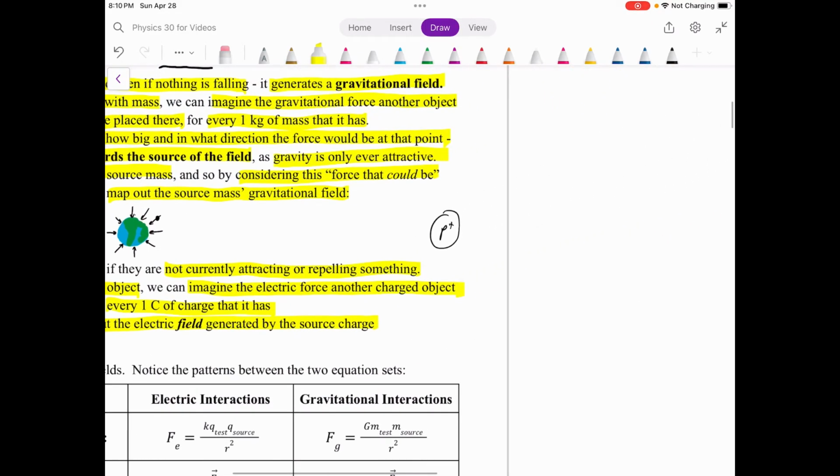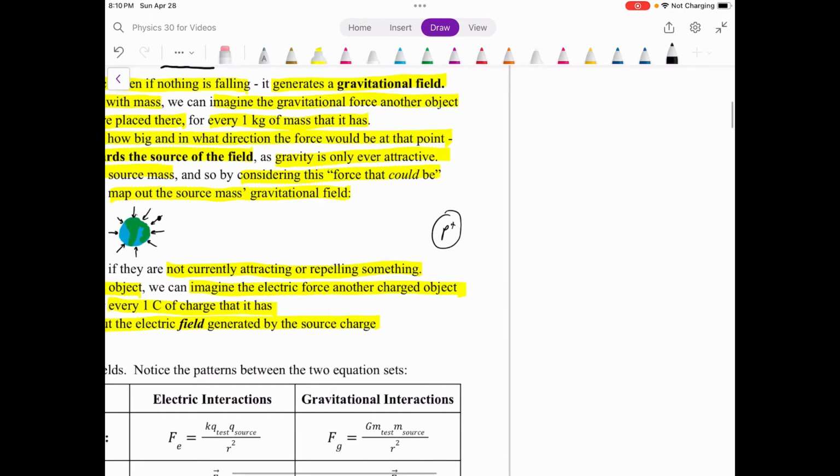I'm going to hold off on drawing directions here because we're going to have to think a little bit more about the direction of the electric field. Actually, I'll show you what it looks like. You're going to be like, why does it look like that? We'll come back to that later, but just to give you the idea that it is the same idea. We know charges would feel a force if they were around another charged object.